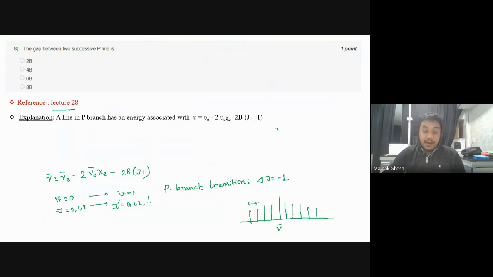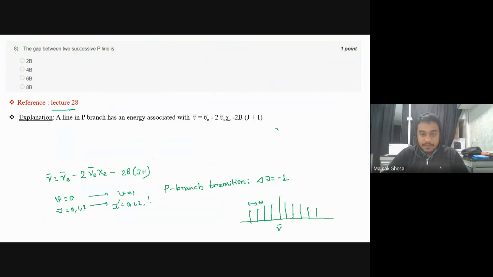And how is the spacing? Just understand the concept: since your vibrational levels are not changing for P branch transition, that is the transition from V equals 0 to V equals 1, the change in the spectral lines will be only associated with rotational transition, right?